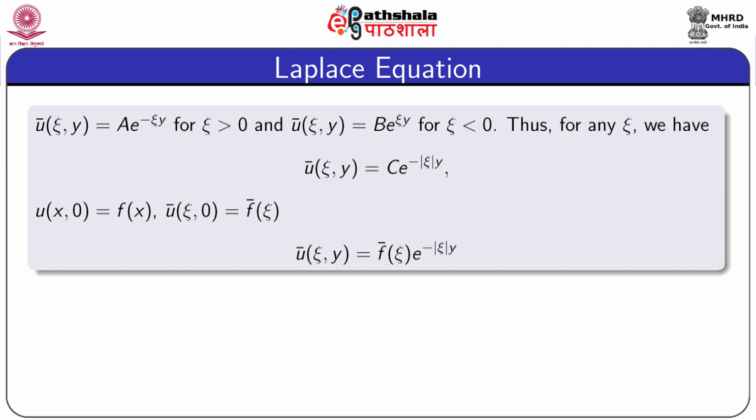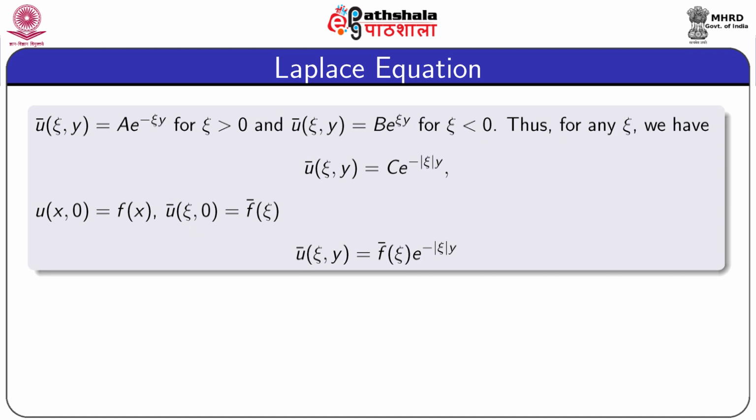Now, to find the value of c, we need to apply the initial condition. The initial condition is given u(x,0) equals f(x). Now, if we apply the Fourier transform to this equation, that gives u bar (xi, 0) equal to some function f bar (xi).